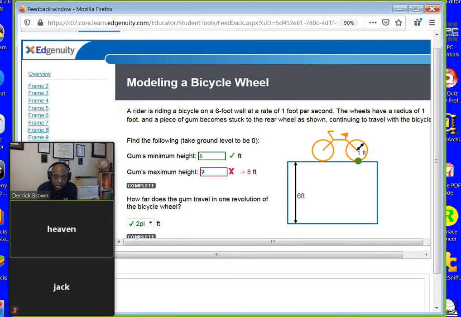All right. Now follow around to this point. Now how far above the ground are you? 8 feet.